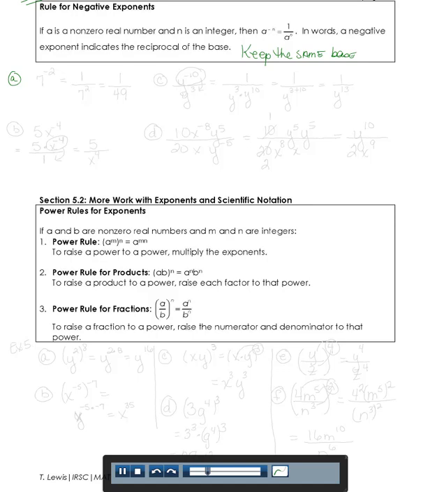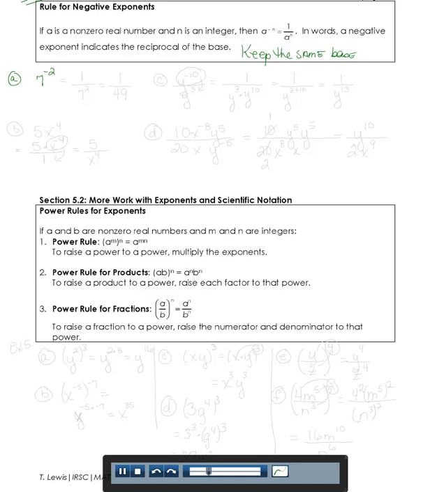We have here 7 to the negative 2 power. Even though this is not written as a fraction, if I'm talking about reciprocal, we're going to make it into a fraction.